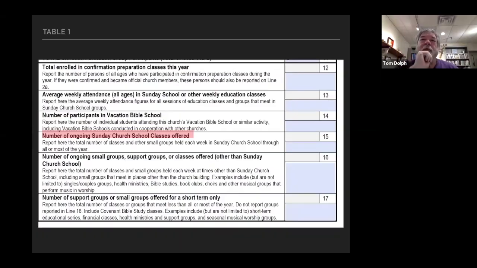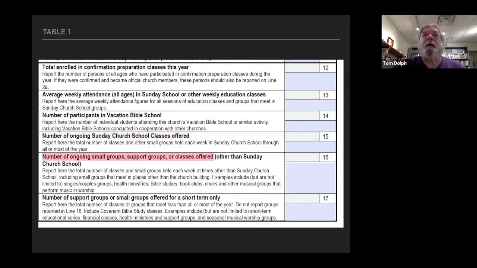For example, if you have 12 Sunday school classes and an average attendance of 8, that means that 4 of your classes didn't have anybody for most of the year. So just make sure that there is a correlation between the number of classes that you offer and the average attendance. There is also a slight correlation between the total CFG number as well.